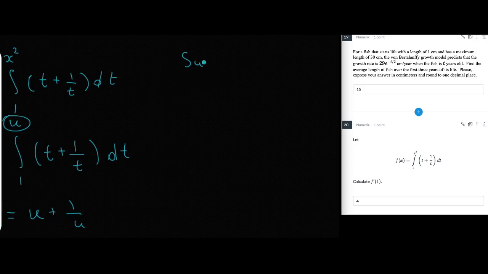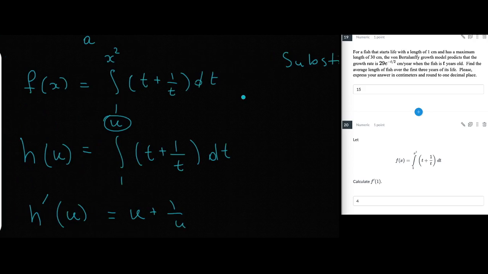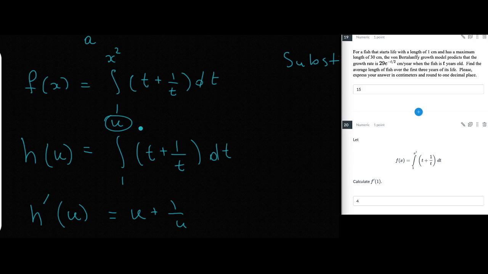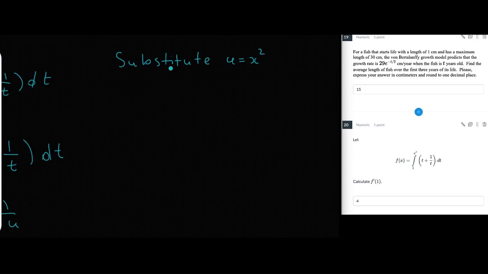If we substitute x squared instead of u, the integral from 1 to u will turn into the integral from 1 to x squared. So what does it mean? It means that our function f of x is obtained by replacing u with x squared in the function h of u. In other words, f of x equals h of x squared.